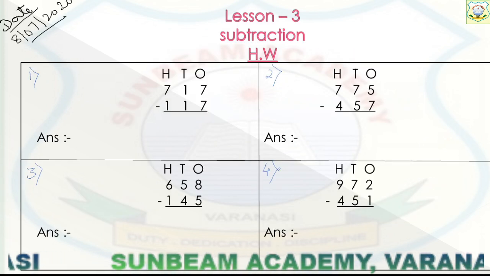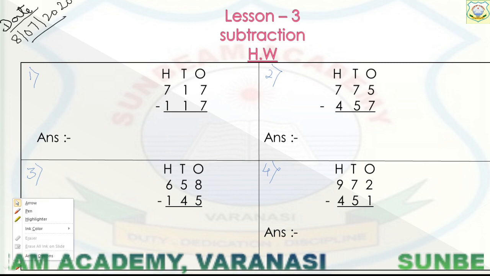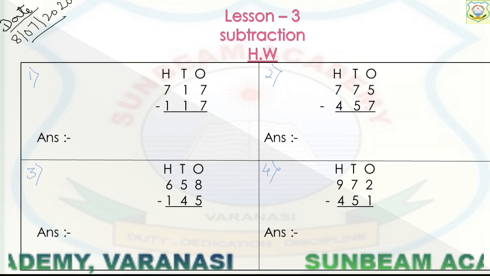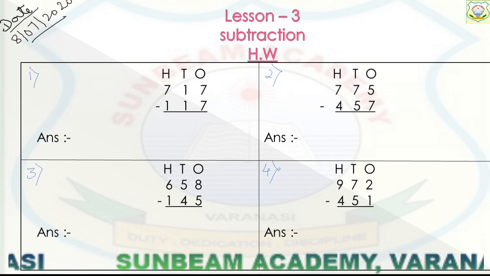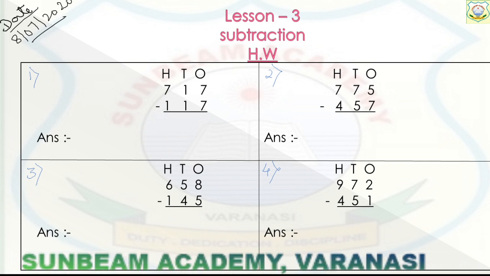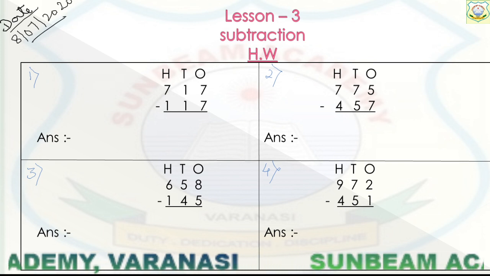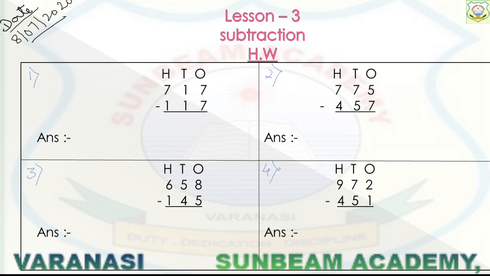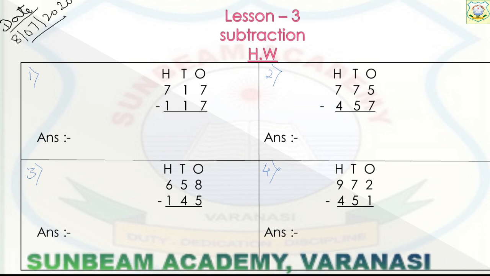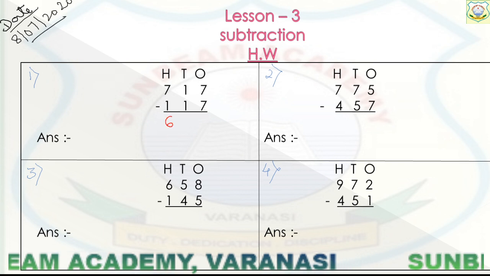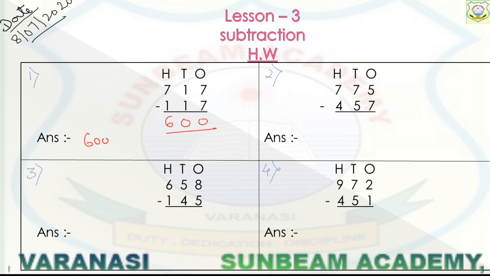Now this was your homework, right students? Please take out your notebooks, and start checking your answers. First was 717 minus 117. If you have got 600 as the answer, then it is correct.